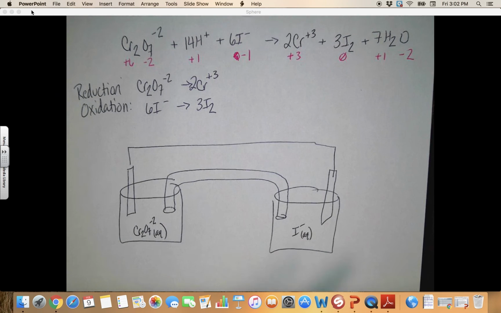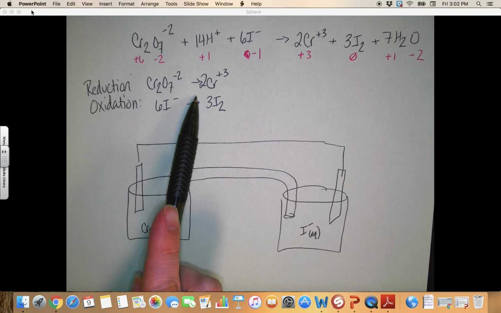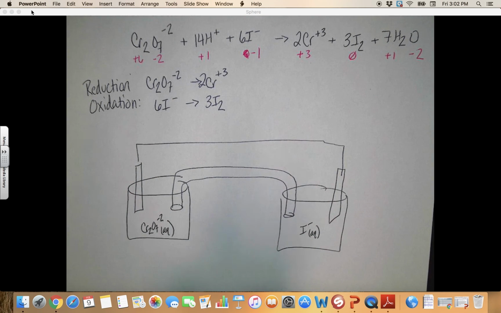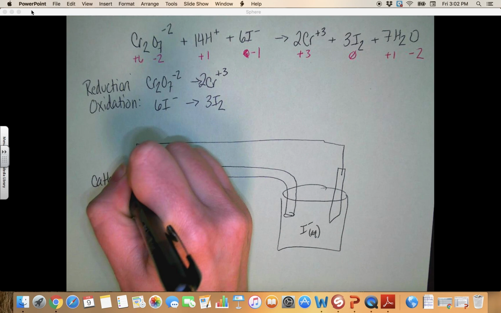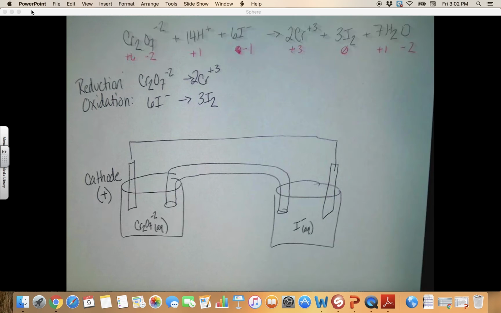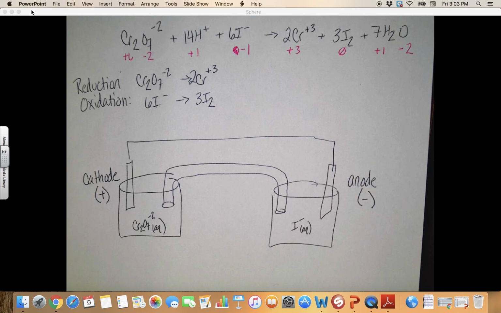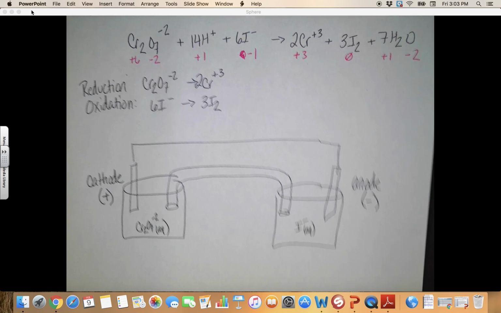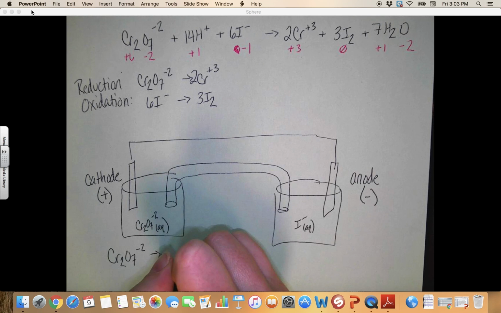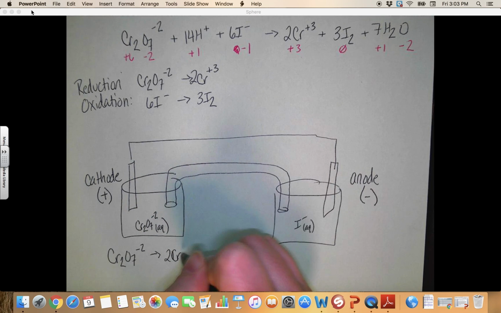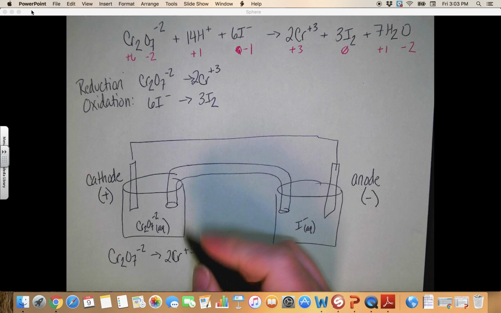Well, we already did a little bit of this because we know what our reduction reaction is. So this is our cathode, and cathodes are positive. So this is our anode, which is negative. For our reaction, we'll go ahead and balance it. So balance the chromium. Now I've got to balance the waters.